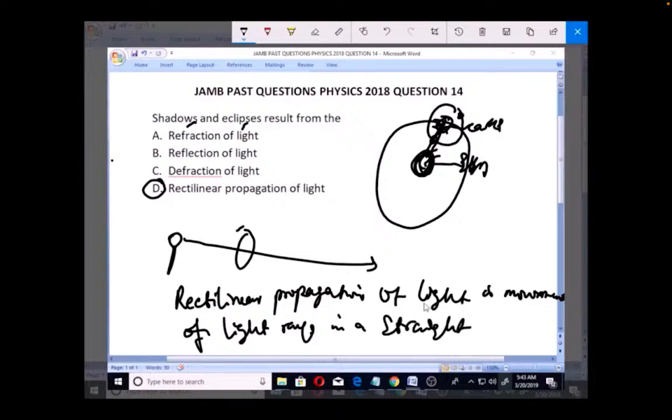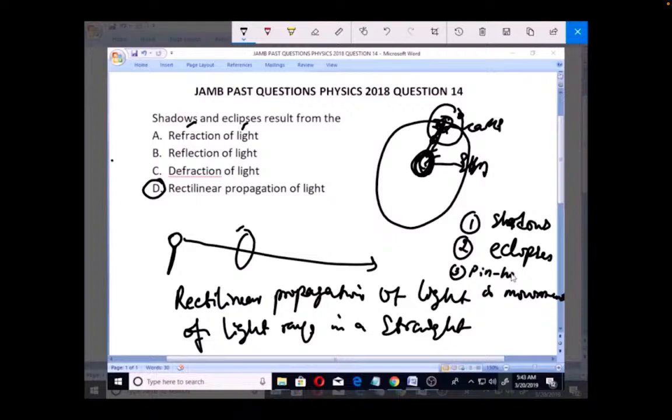And this rectilinear propagation of light causes so many things, not just the shadows and the eclipse. It is the cause of, number one, shadows. Shadows are caused by rectilinear movement of light in a straight line. Number two, eclipses. Eclipses are as a result of this. Then you also have applications like the pinhole camera.